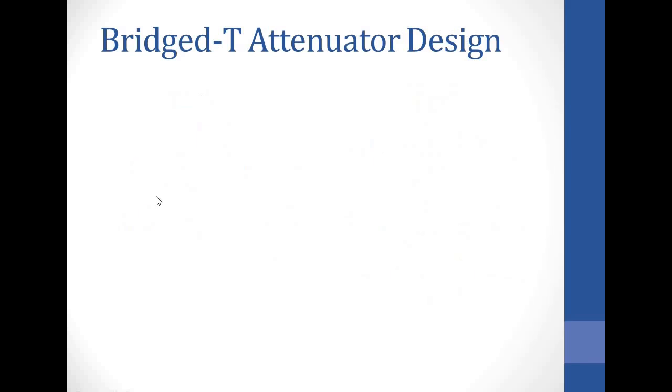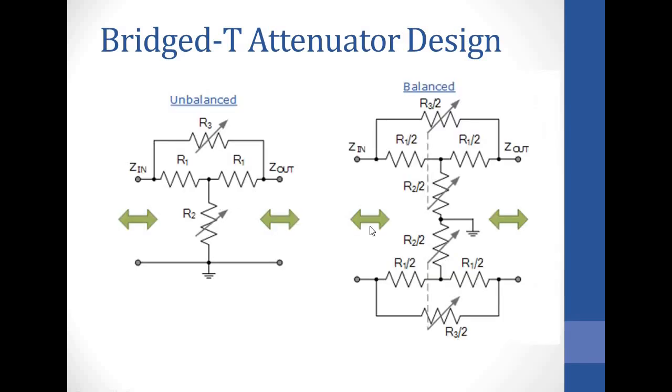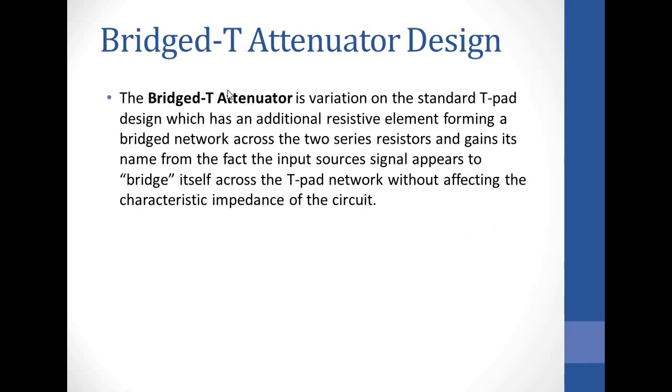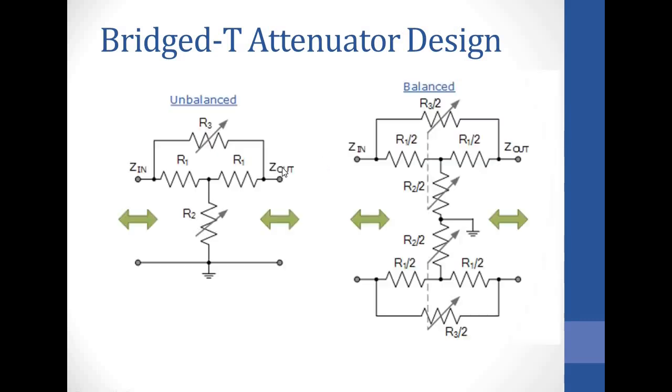This impedance is equal to that impedance. A bridged T-type attenuator is a variation of the standard T-pad design, which has an additional resistive element forming a bridged network across the two. As you can see from this, R3 is variable. Take note, R2 is also variable.